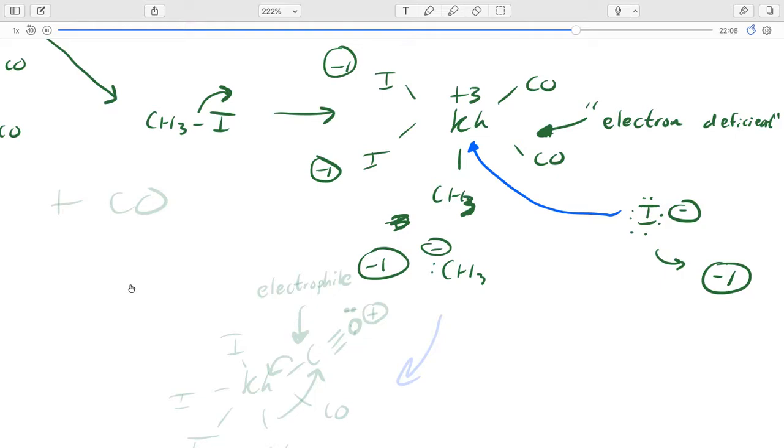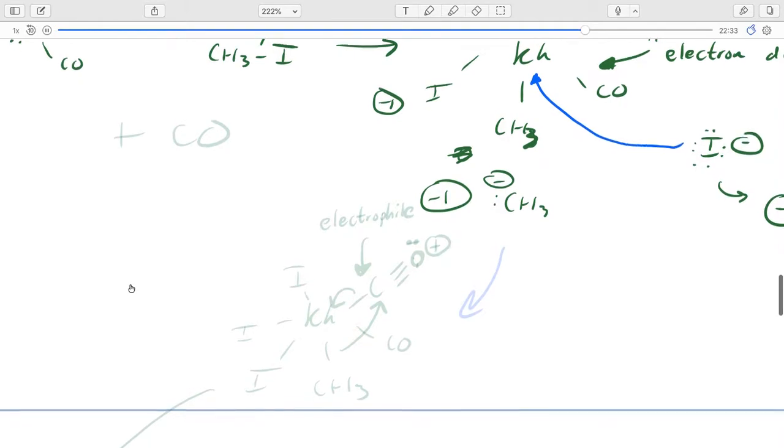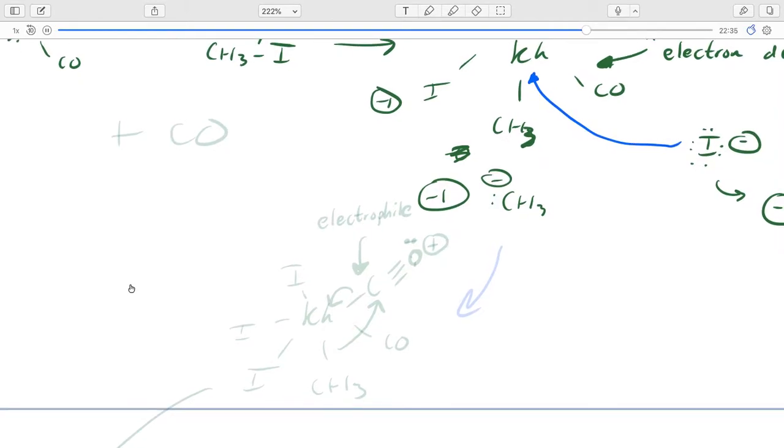Looking back at our orbital diagram, we see that we have this 4d orbital, something we can use to pair with another atom or group, and that gives a place for the Lewis base electrons. So we always come back to the molecular orbital theory. Even though you guys hate it so much, it's actually quite useful.